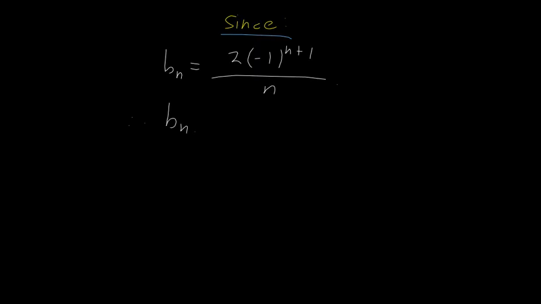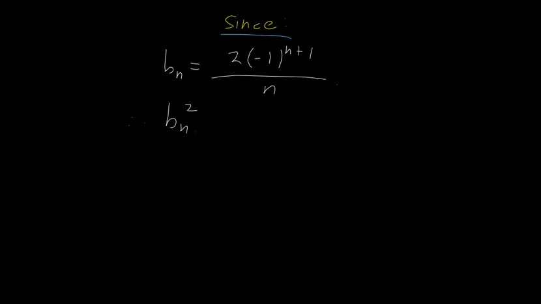Since I automatically know that b sub n is equal to 2 times -1 to the n plus 1 all over n, therefore, remember, I want my b sub n squared.